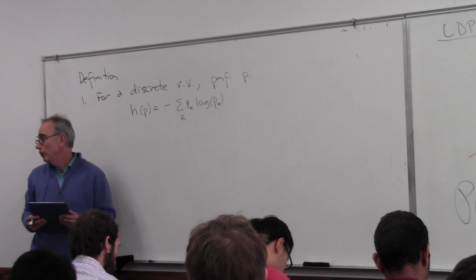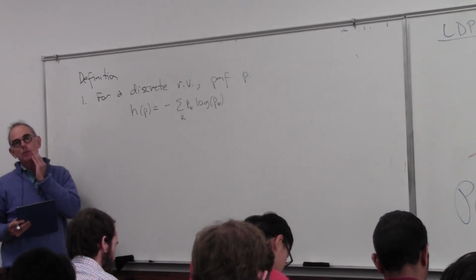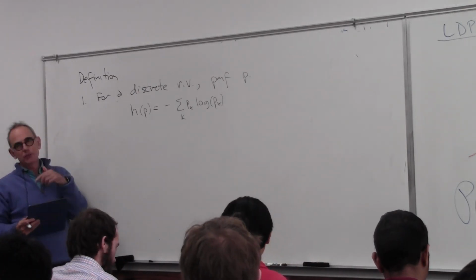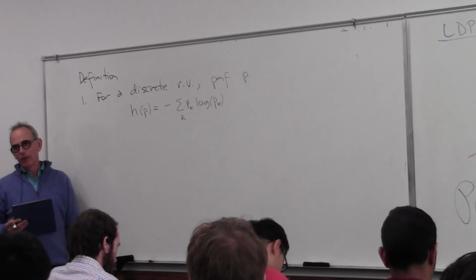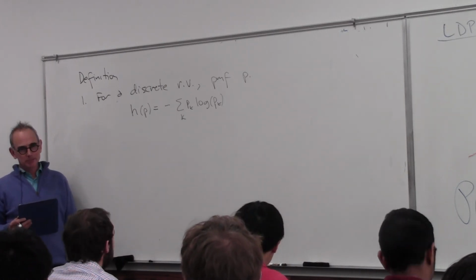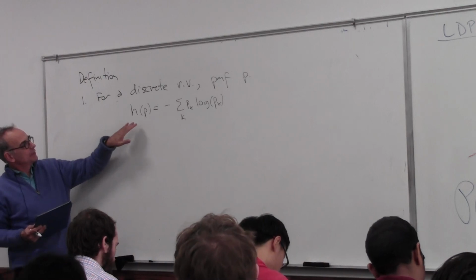Okay, so you're forced to do this. You're forced to go to discrete random variables when you talk about entropy. There's something called an entropy rate and so forth for continuous, but it gets ugly.